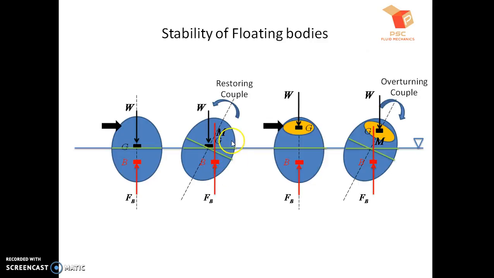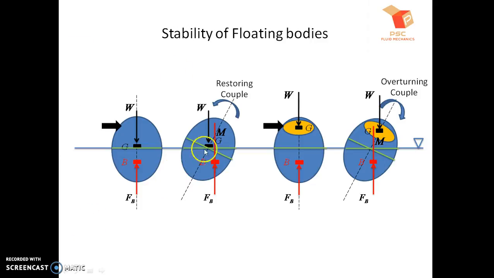So it can be concluded that the body will be in stable equilibrium when M is above G, whereas the body will be in unstable equilibrium when M is below G. The relative positions of metacenter and center of gravity tell us about the stability or instability of floating bodies.